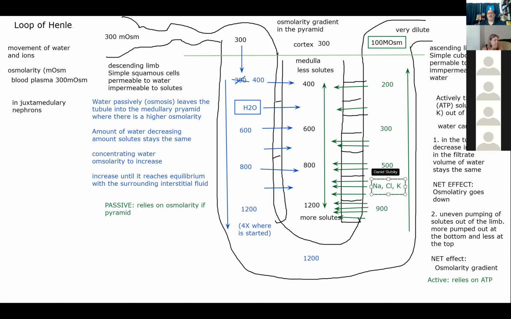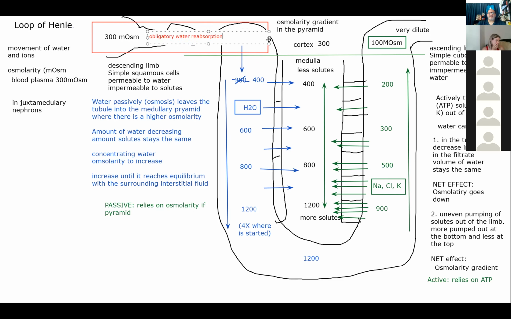Because we notice up here, we couldn't change, let's change the color of this. Up here, we couldn't change the osmolarity because of that magical thing that we talked about, obligatory water reabsorption. Everywhere the stuff went, the water had to follow.